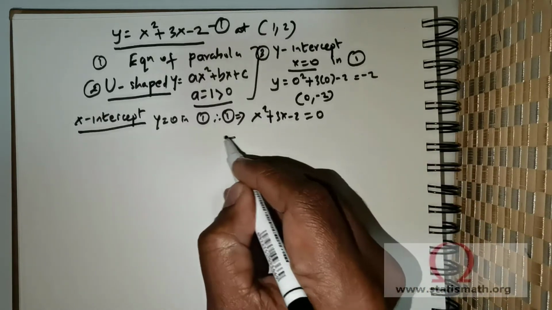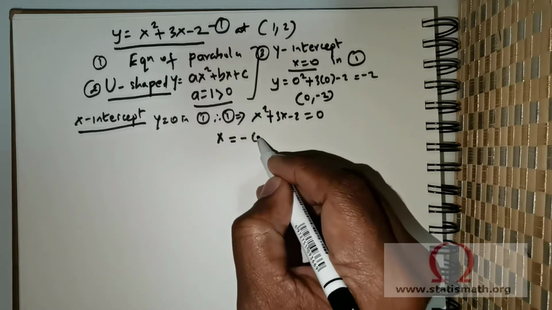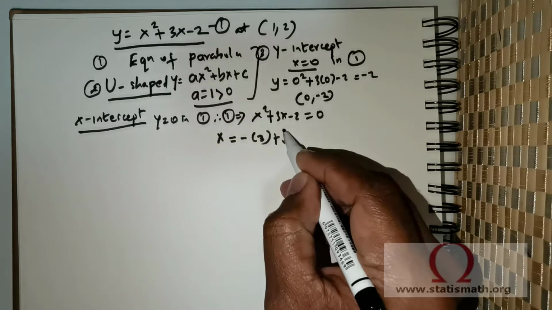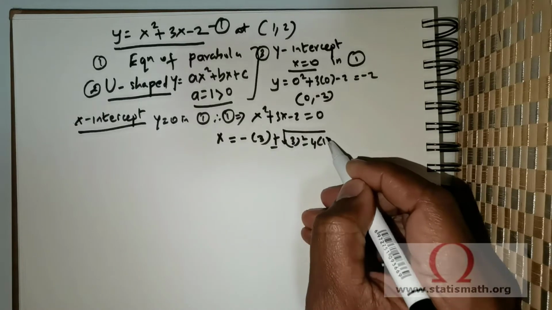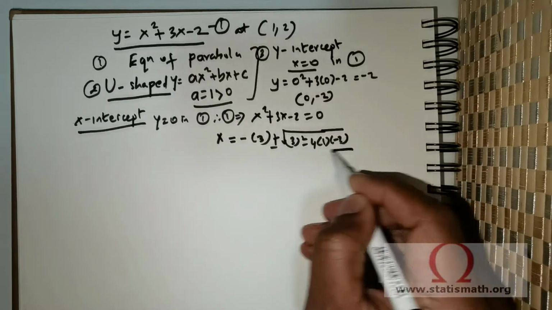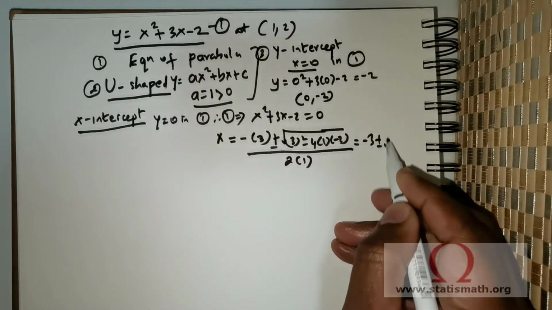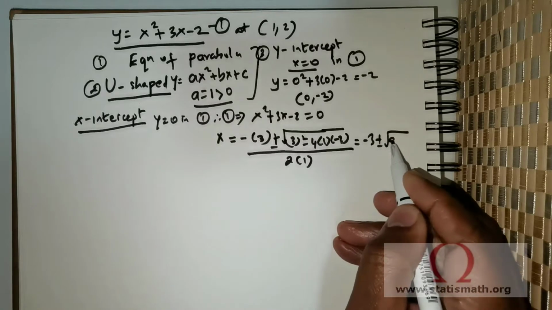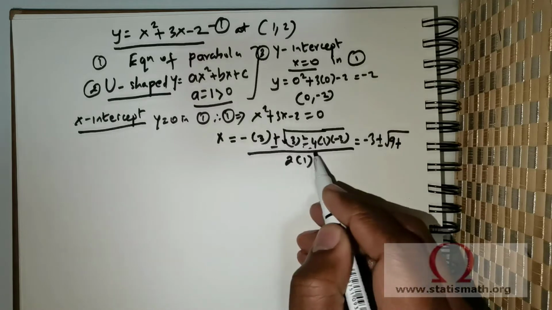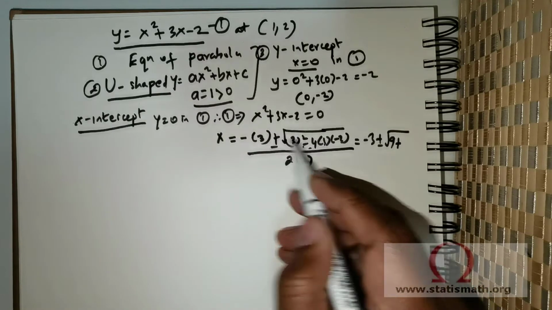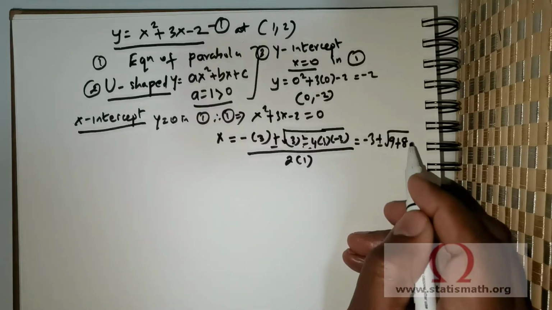If you use the quadratic formula, then x = (−b ± √(b² − 4ac)) / 2a, which can be rewritten as (−3 ± √(9 + 8)) / 2, since 4ac is 4 times 1 times −2, so 4 times 2 is 8.